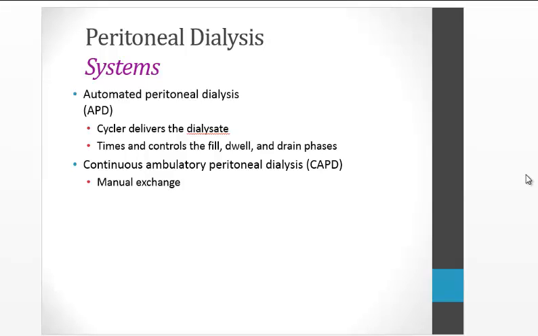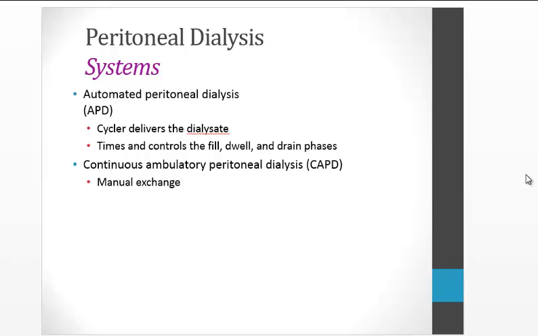They uncap it and connect themselves to a peritoneal dialysis machine. That machine will control the fill of the dialysis fluid into the peritoneal cavity. The dwell time is the amount of time that the dialysis fluid sits in the peritoneal cavity. And then it also controls the drain phases, or when it's time to drain the fluid out of the peritoneal cavity, it takes care of all of that timing.